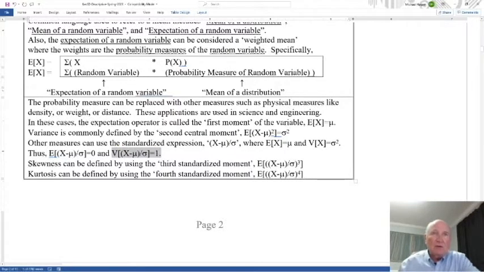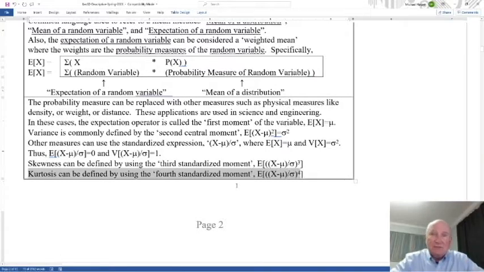Okay? So, skewness can be defined a lot of different ways. One way is using the third standardized moment. They take this standardized expression and cube it. That's the third standardized moment. Kurtosis is the fourth standardized moment. Now, we're not going to get into kurtosis in this course.